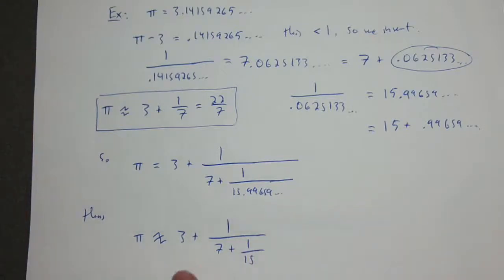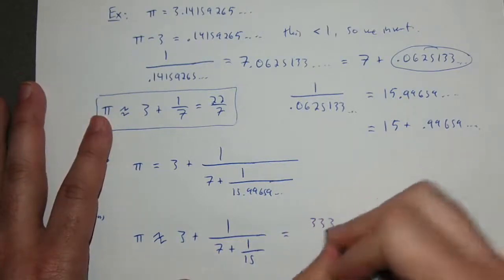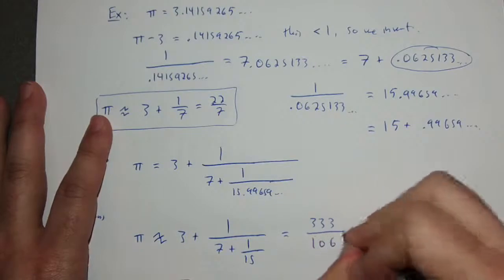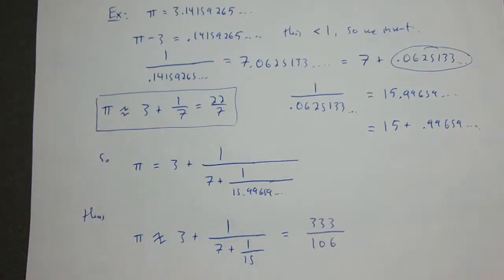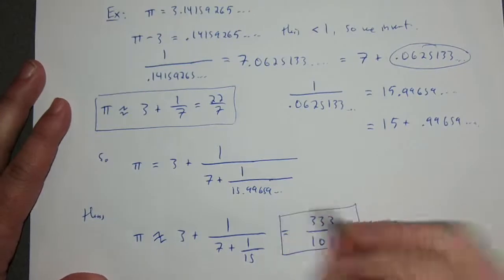So this is 3 plus 1 over 7 plus 1 over 15, which is 333 over 106. Okay. All right. Which you can compute is a pretty good approximation for pi.